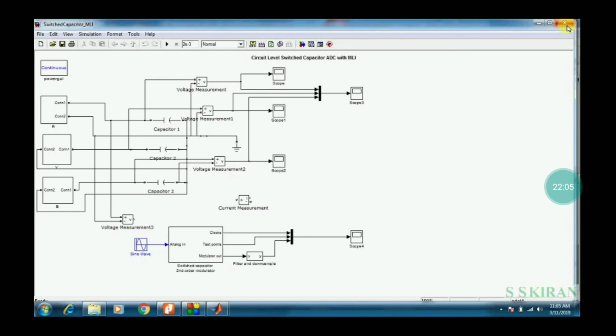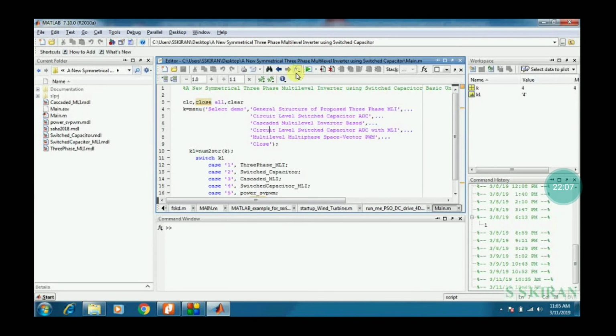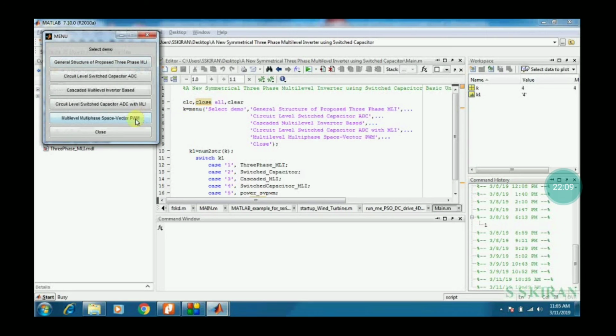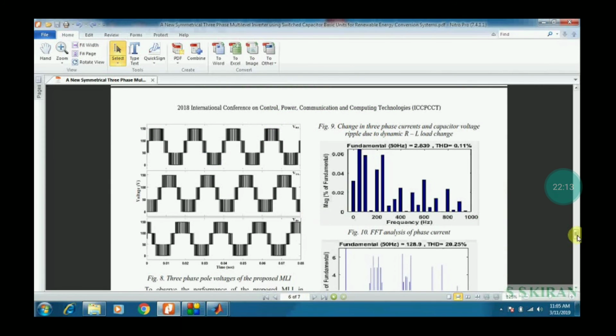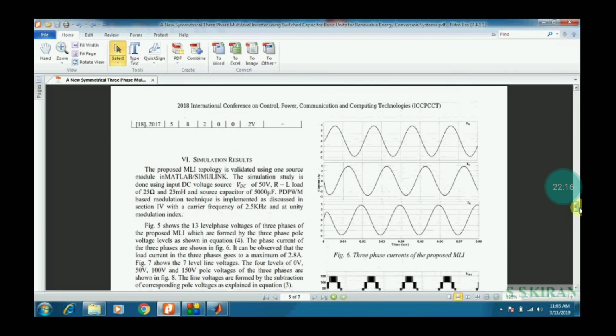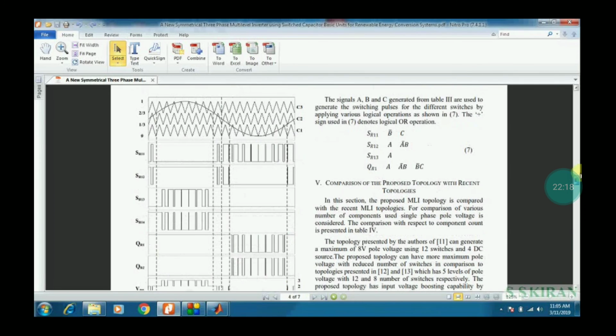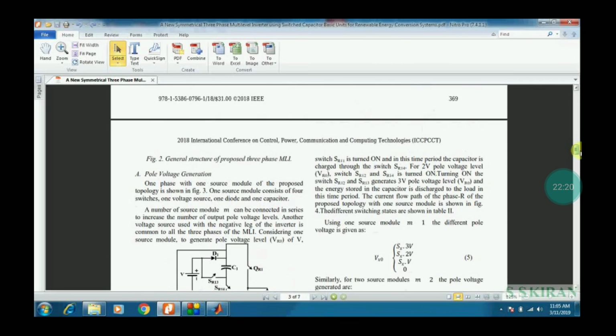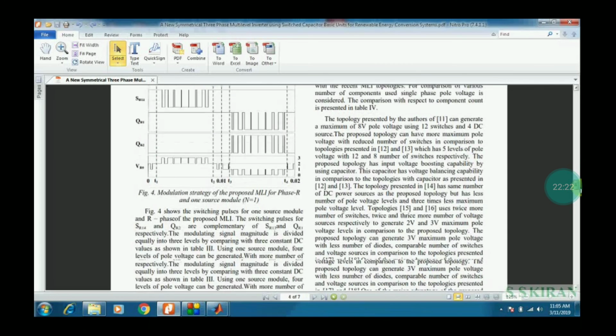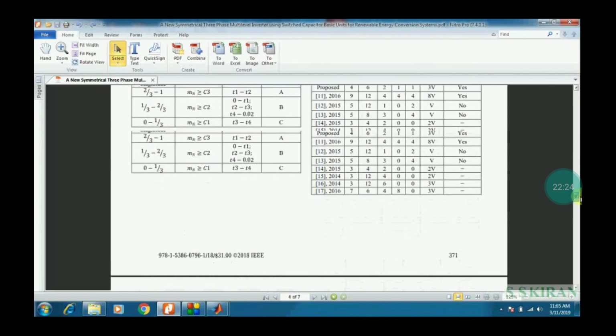Right, close here. Then come back to switched capacitor execution. Multi-level 3-phase space vector PWM technique. Somewhere the PWM technique is also used. That's why I have designed this PWM technique. See here, where is the PWM technique?